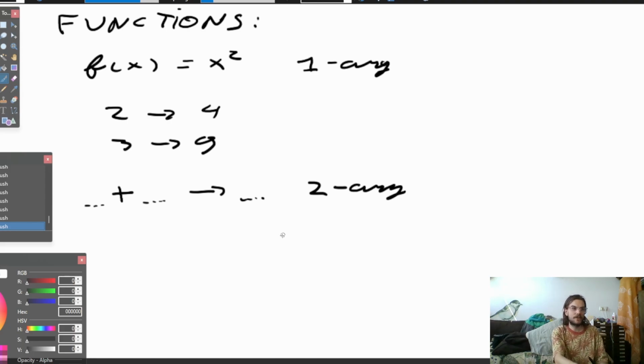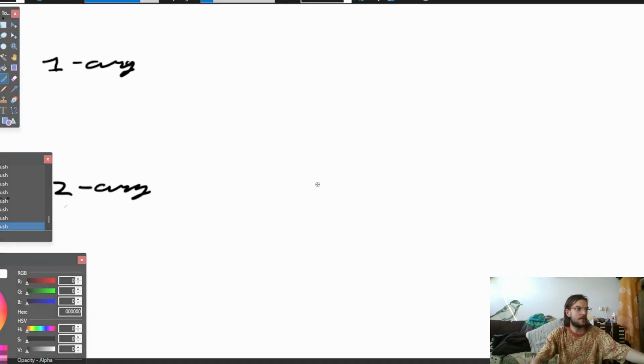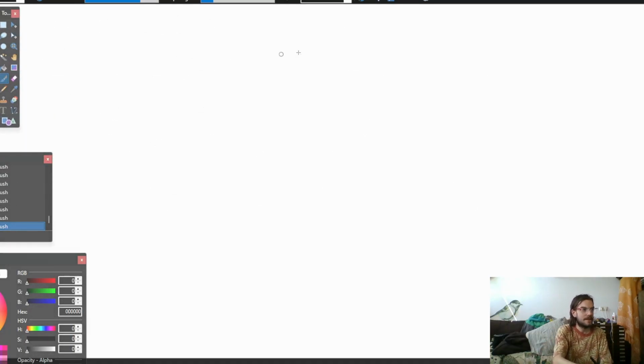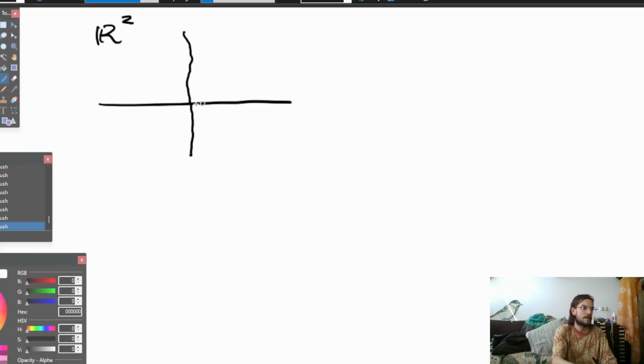I think functions are quite self-explanatory, but the most confusing thing about functions is probably that they're kind of unnecessary in a theory of logic, because there's very little difference between functions and terms. Let me explain that. If you imagine our function x squared again, and we map that on the 2-dimensional plane, then we know that this is going to look like this parabola here.